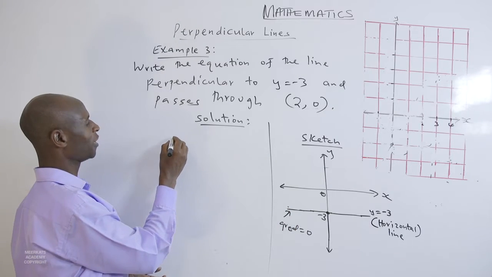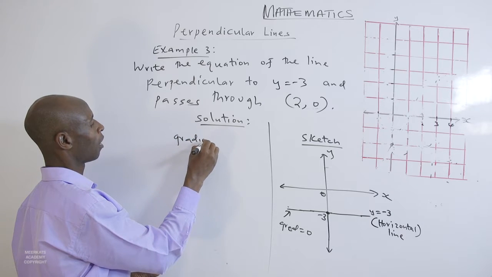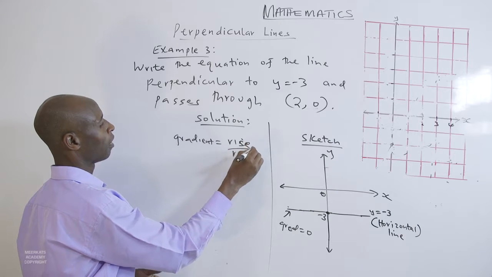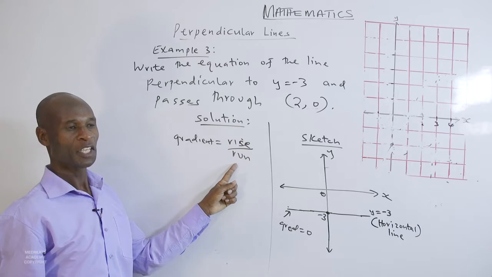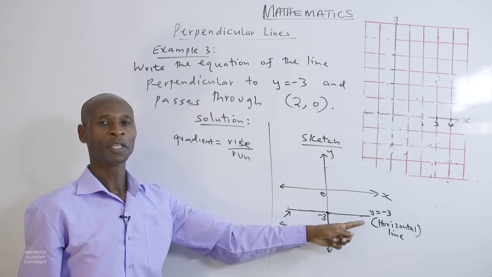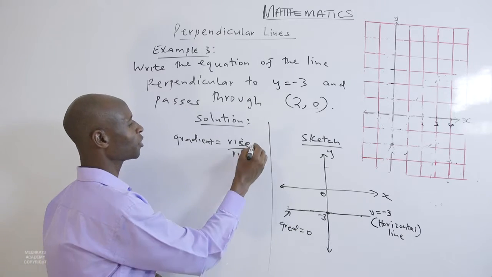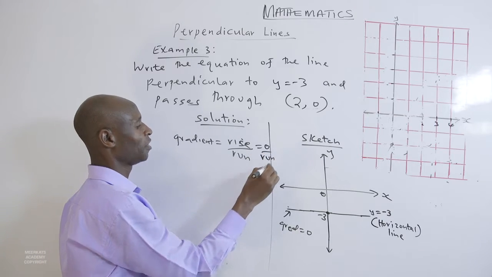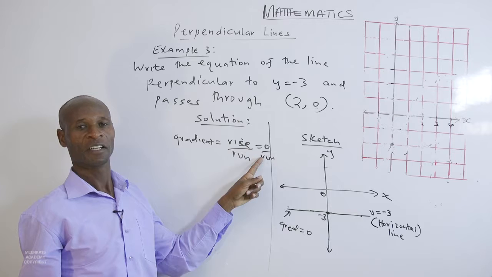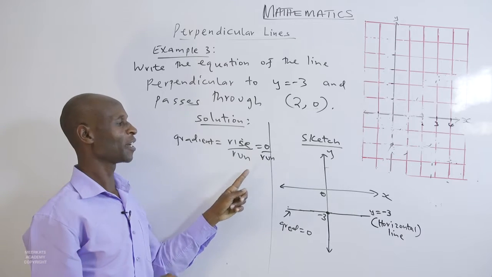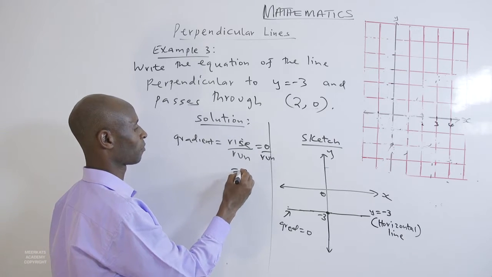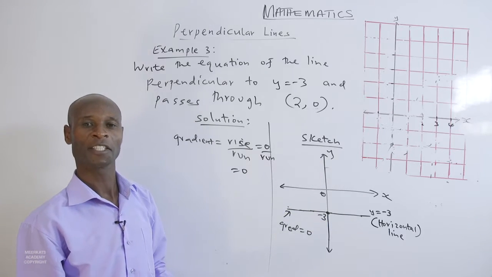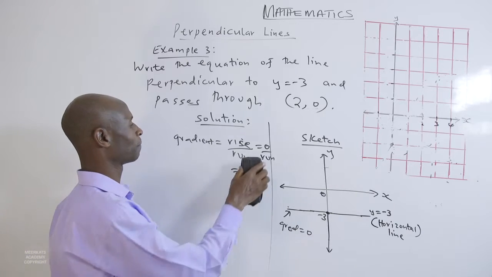From the definition of gradient, rise over run, in this situation there is no vertical movement, so the rise is 0 divided by any value of the run. So 0 divided by any value, the result is 0. That's why the gradient of a horizontal line is 0. We had mentioned that during our previous lesson.